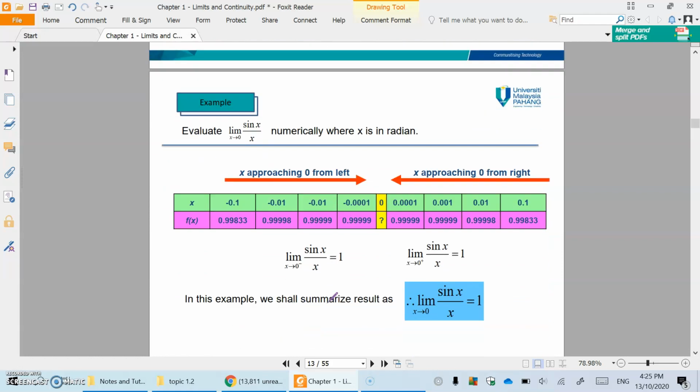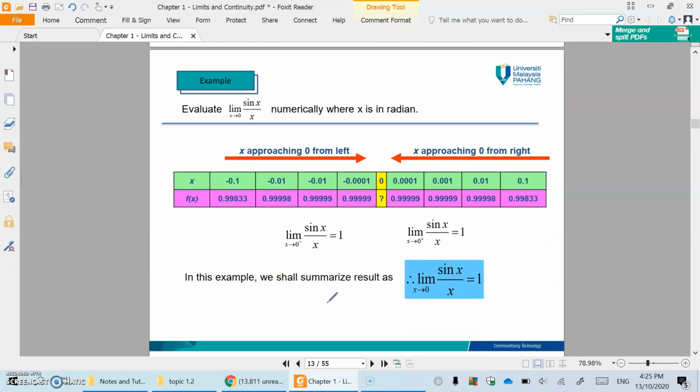Next example, evaluate the limit of sin x over x as x approaches 0, numerically, where x is in radians.